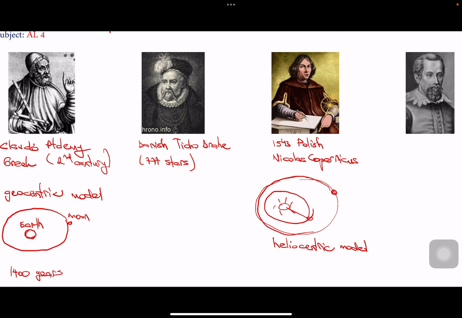He made observations of the stars, and he collected some data related to the movement and periods of these revolutions. He collected data about the periods and about the orbits.